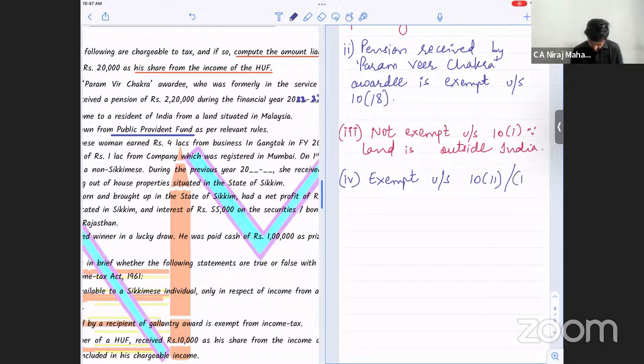Okay. Withdrawal from Public Provident Fund. Again, it is an interesting concept, PPF. I'll teach you that in detail when you go to the chapter of salaries. I'm telling you, bacho, you have too much knowledge to be received in this subject or the syllabus. Very much. Okay, lots of practical things we'll be checking out. Okay, don't worry. Fine, let's go ahead.